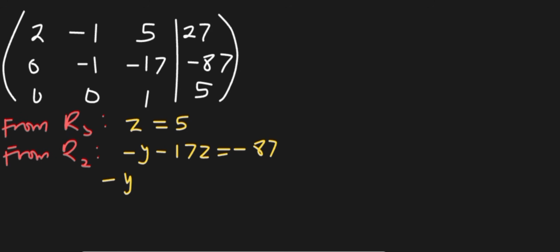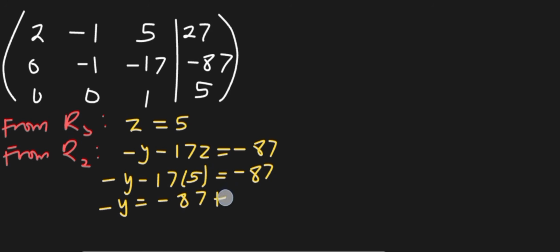With z being 5, negative y minus 17 times 5 is equal to negative 87. And that means negative y will be negative 87 plus 85. So negative y is equal to negative 2, implying that y is 2.